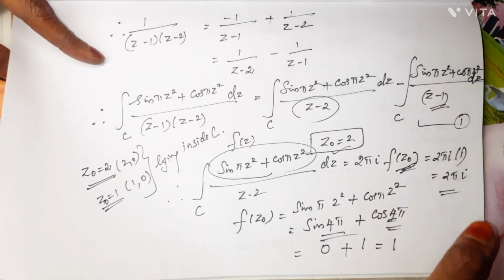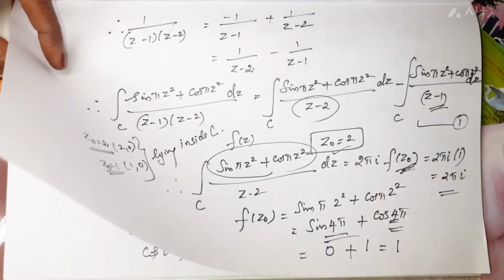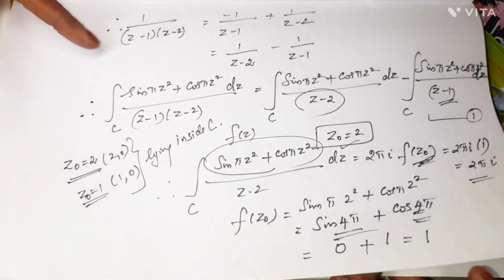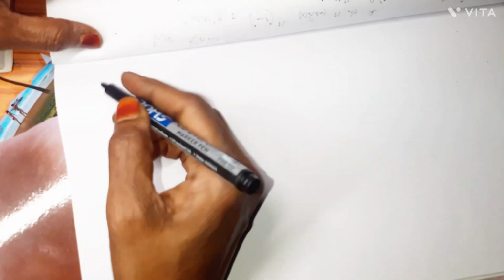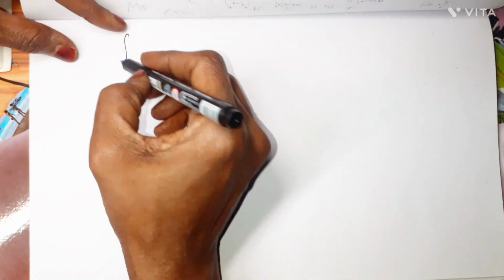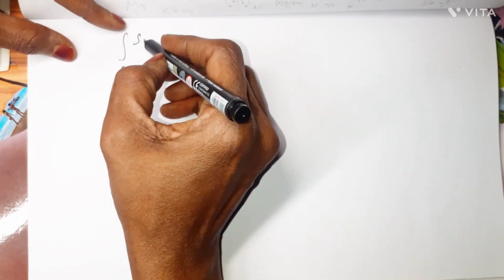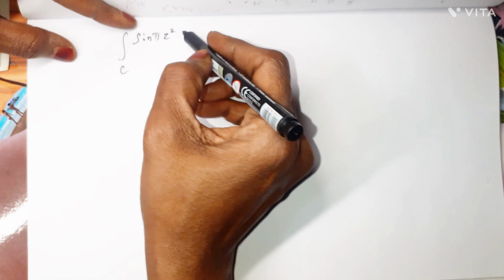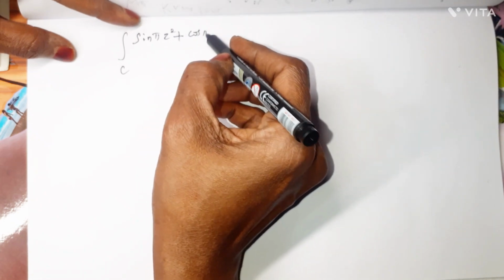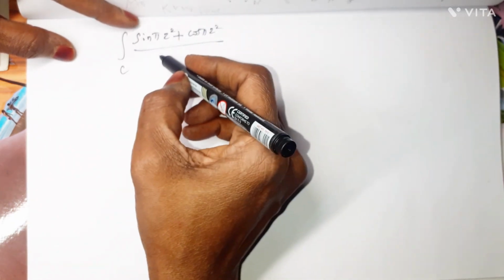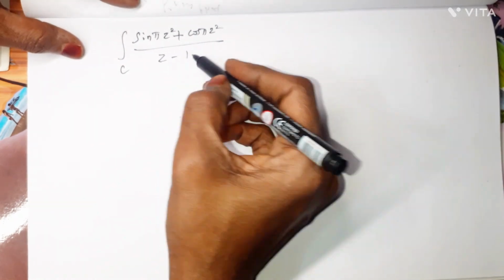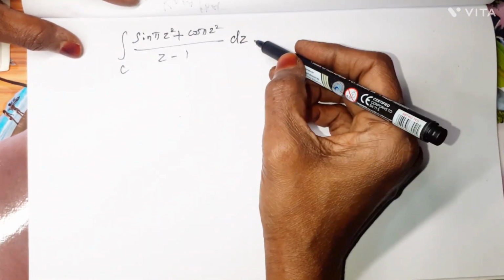Now we have to take z0 as 1. So here what we have is the integral over c of sin pi z squared plus cos pi z squared by z minus 1 dz.